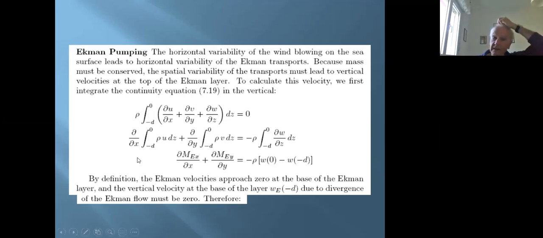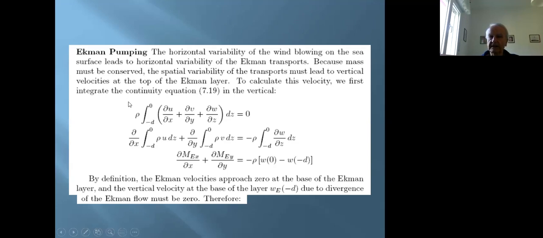To calculate this vertical velocity, we have to integrate the continuity equation. The continuity equation says that there is no water mass lost or gained, and therefore if we integrate the continuity equation from 0 to the bottom of the Ekman layer, this has to be 0. We cannot lose or gain water mass.